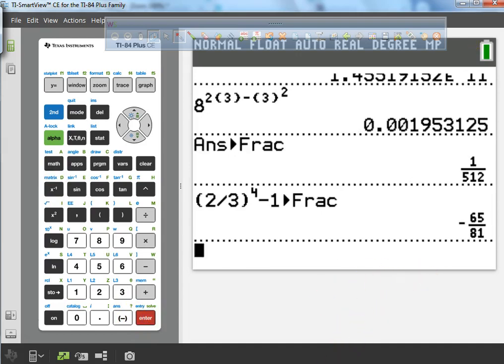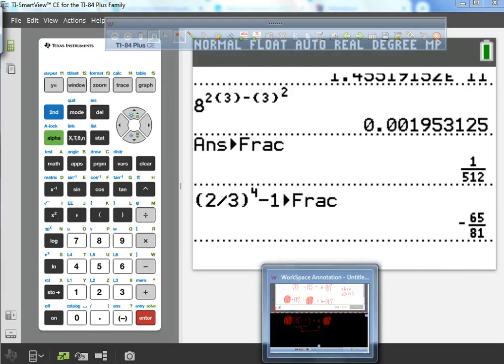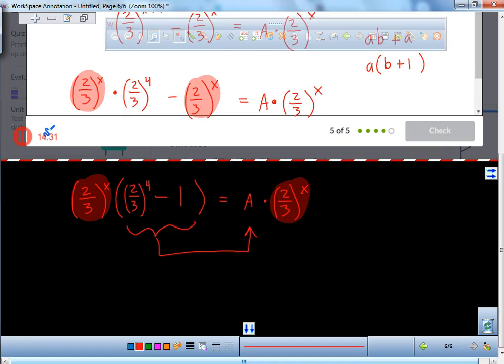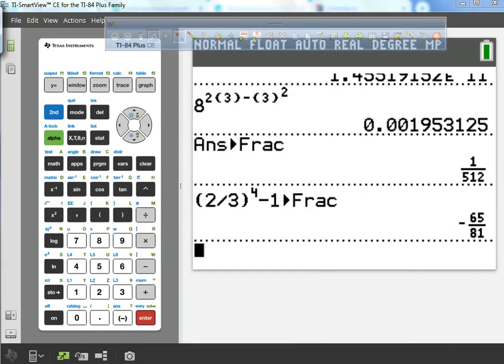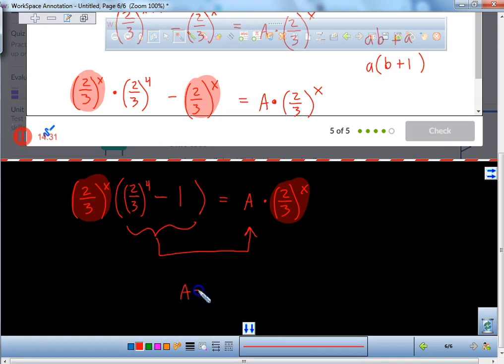And I get negative 65 over 81. Yes, that's ridiculous. It's a ridiculous answer, but I'm still going to trust my process. 2/3 raised to the power of 4 minus 1 is negative 65 over 81. So a would have to equal negative 65 over 81.